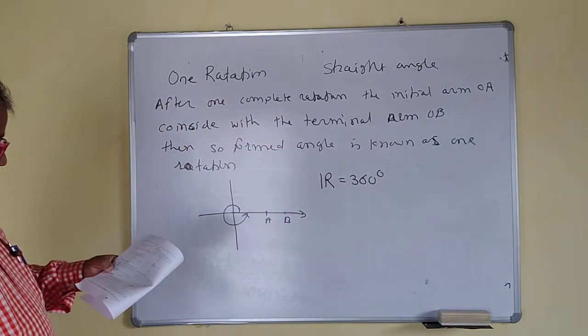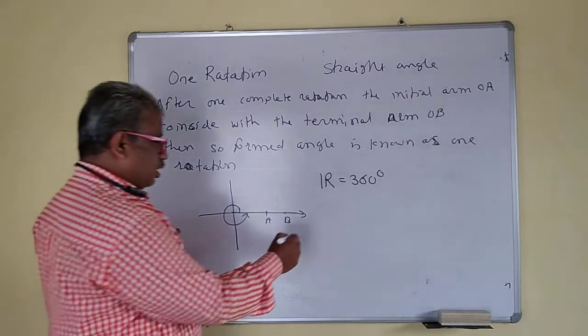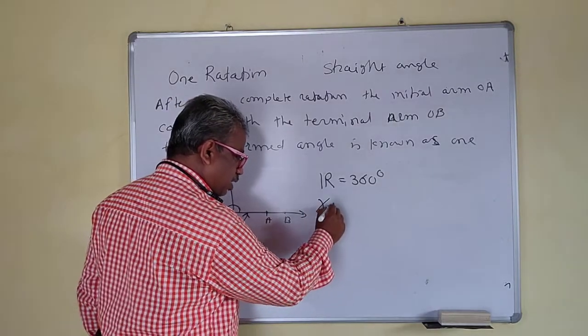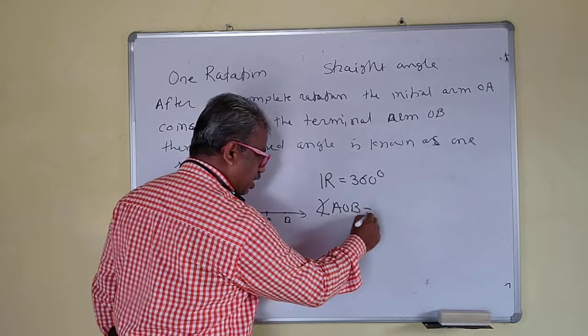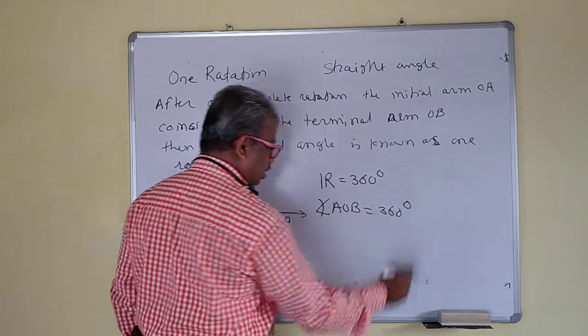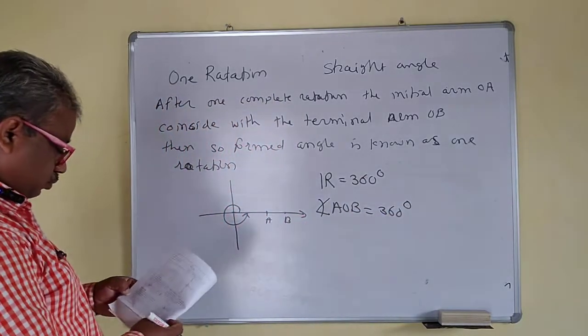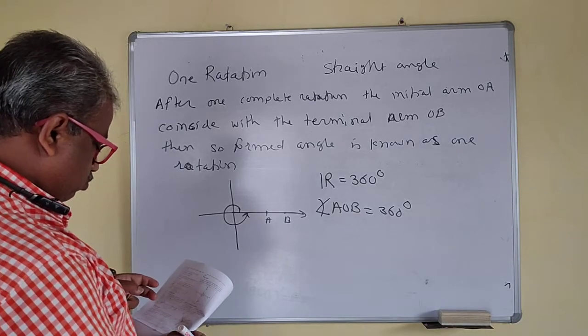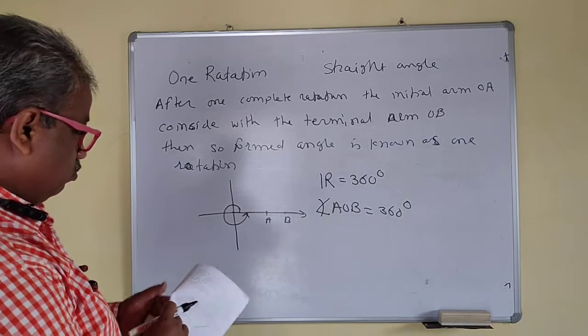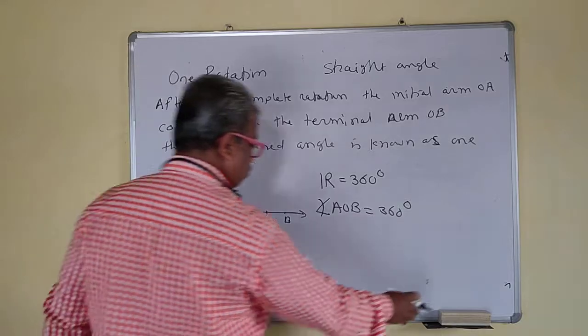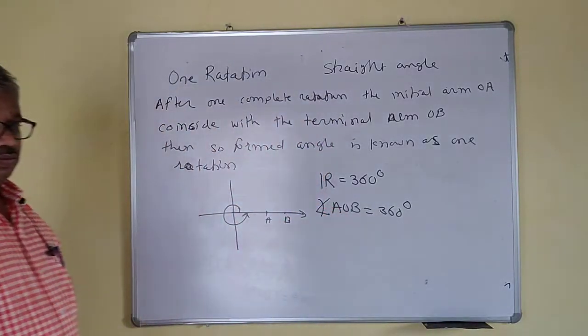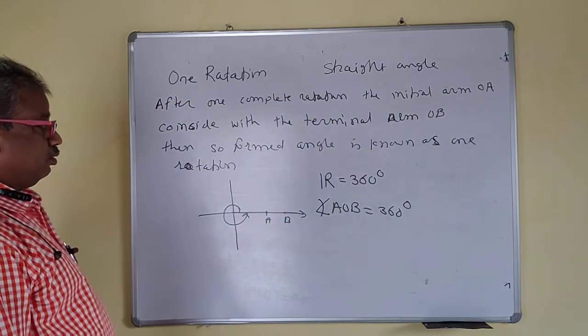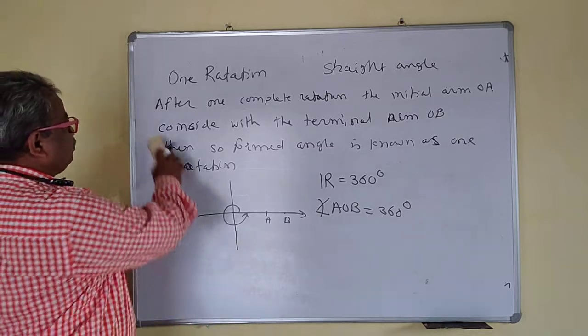One rotation is 360 degree. That is, directed angle AOB is equal to 360 degree. So this is very basic thing.